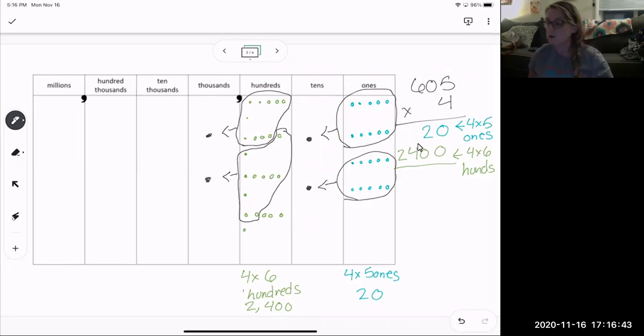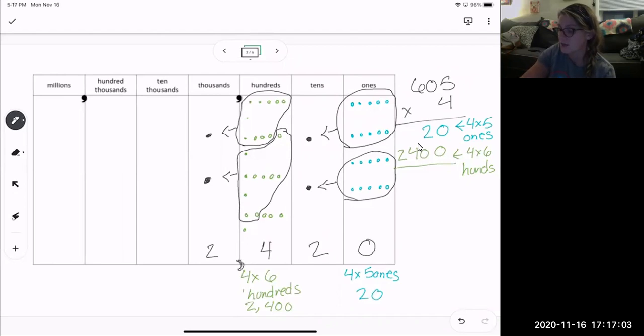Okay, so looking at our place value chart, we have 2000s represented. We have 400s represented. We have 2 10s represented and no ones left over. So our ones place is going to be a 0.